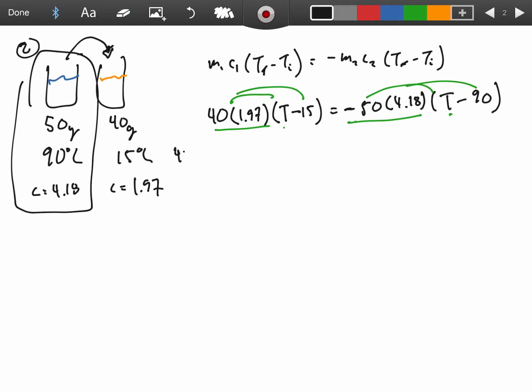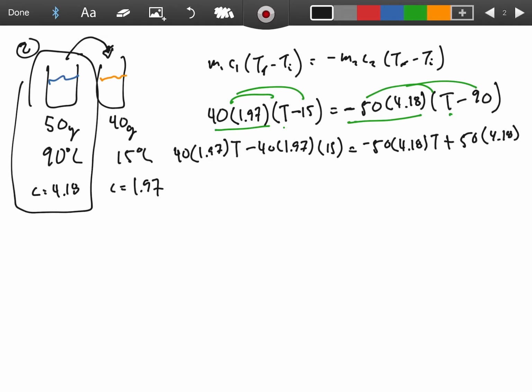So 40 times 1.97 times T minus 40 times 1.97 times 15 equals negative 50 times 4.18 times T plus, right, the negatives are going to make that positive, 50 times 4.18 times 90.